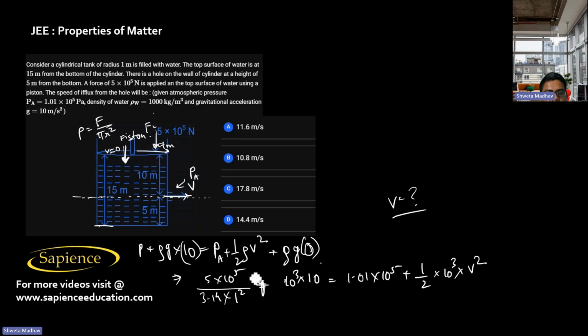Pi r square is 4 by pi r square plus 10 power 3 into 10 again will come, since 1000 is the density and g is 10, and again 10 is there, 10 is the height. So this is 10 power 5 only.